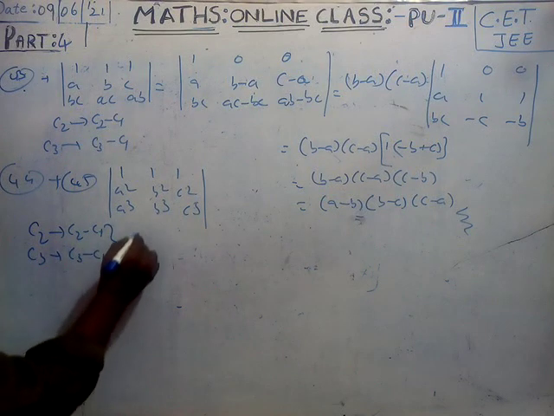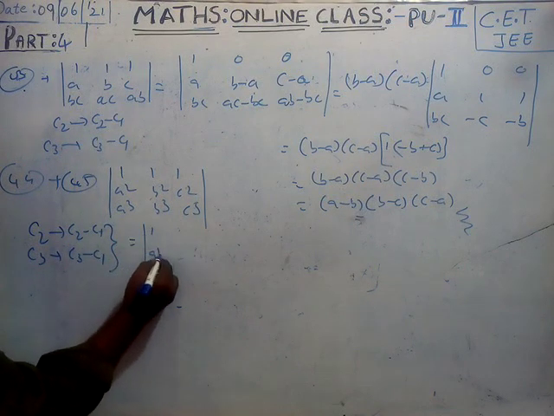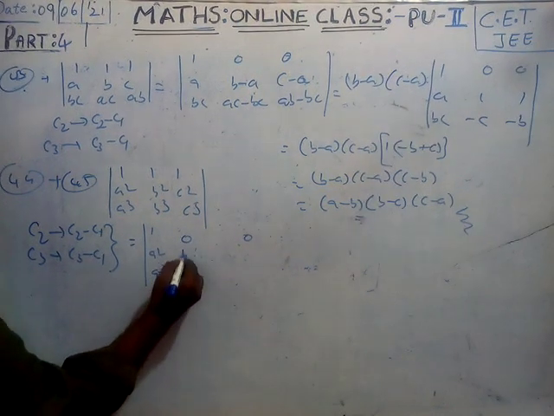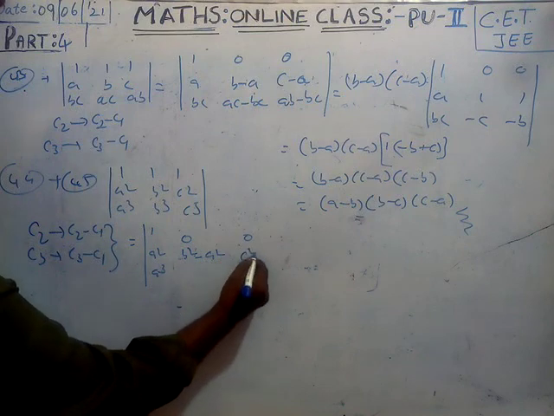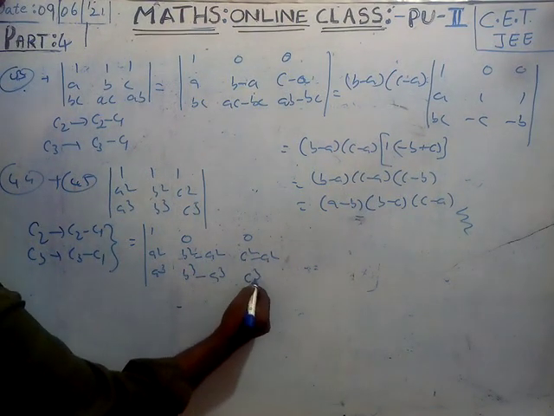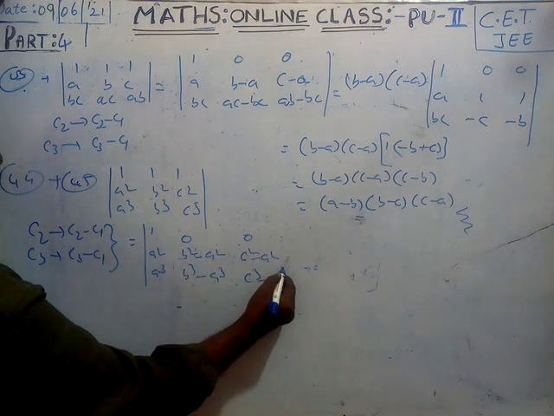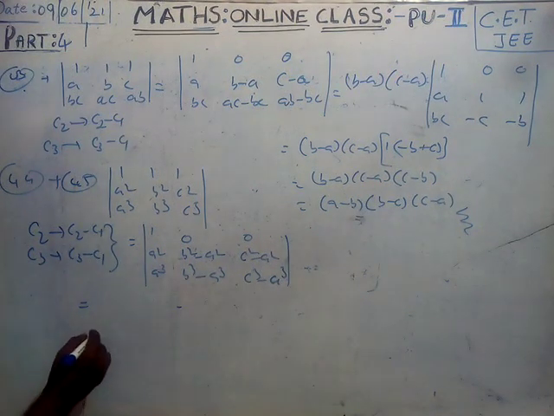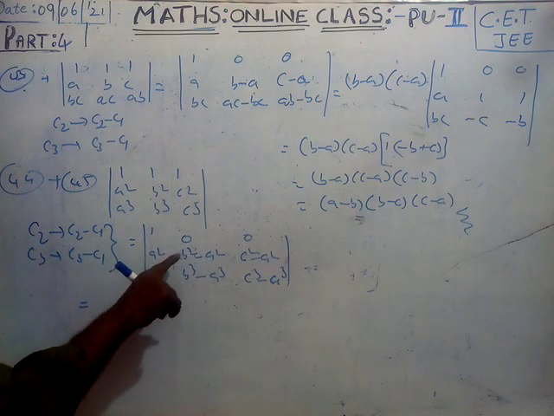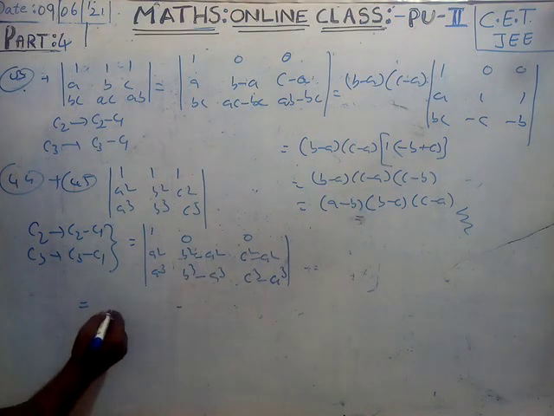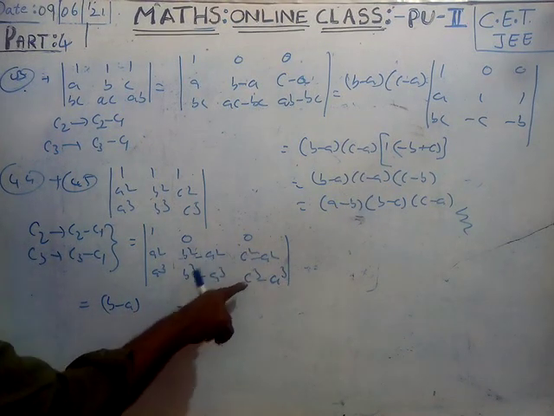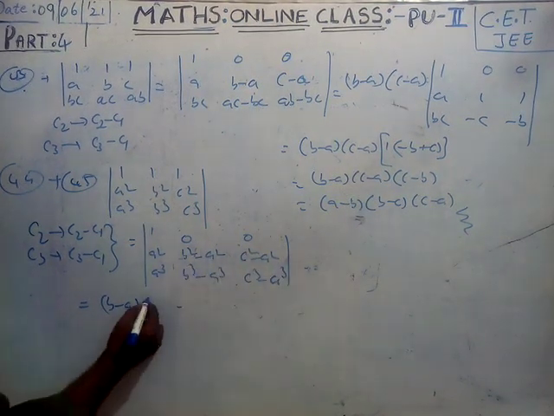Then it is 1, A square, A cube; 0, B square minus A square, C square minus A square; and B cube minus A cube, C cube minus A cube. Here B minus A is common, since B square minus A square is (B minus A)(B plus A). I will tell you: C minus A, C plus A, so C minus A times something is common.